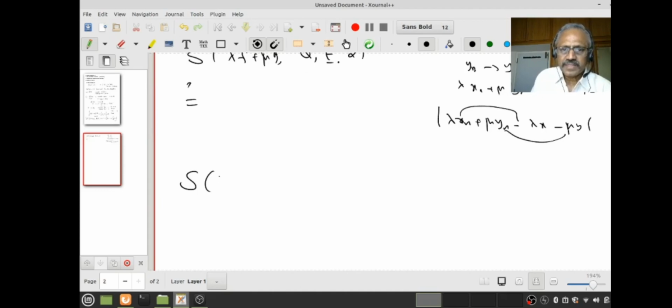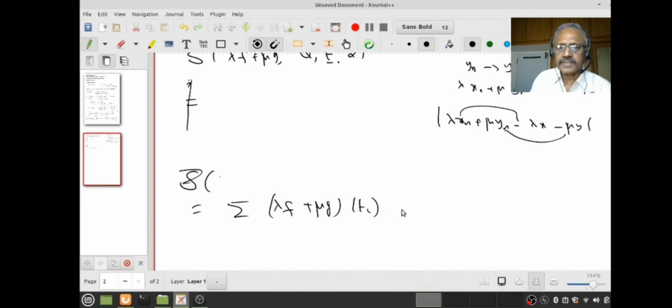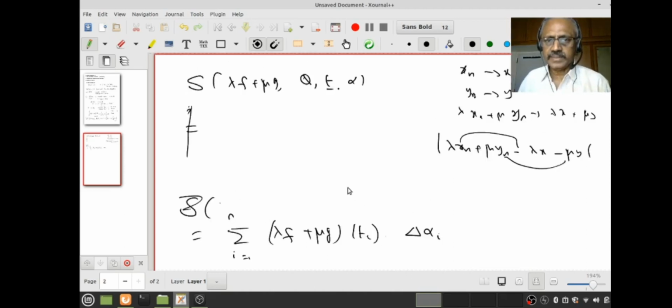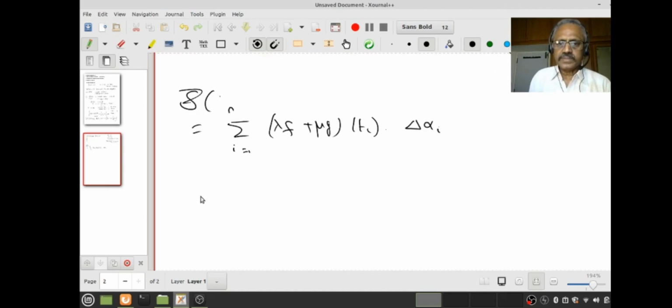So let us do this object, equal to summation of lambda f plus mu g at the tag ti into delta alpha i. Is this the definition? Do you agree with that? Yeah. But what is this?